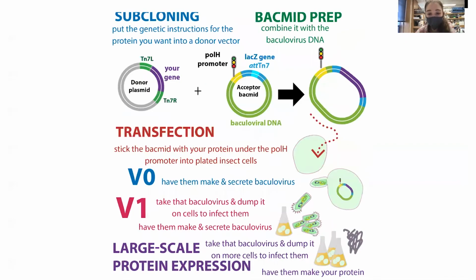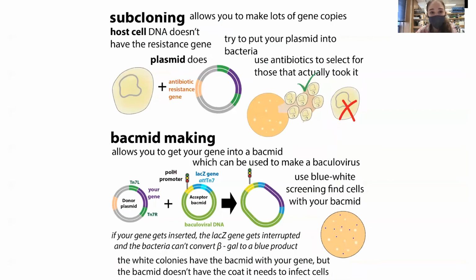In our lab, we're typically using this as part of our insect cell expression work. The basic idea with the baculoviral expression vector system, or BEVS, is that you do the beginning part, cloning into bacteria.